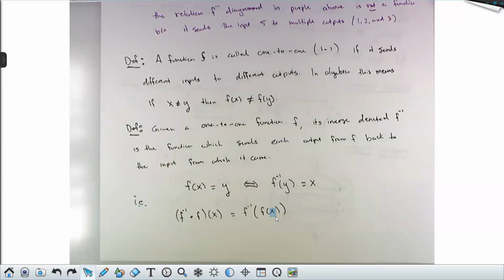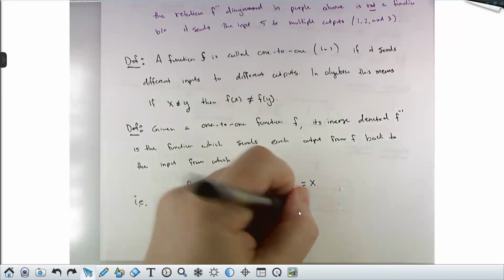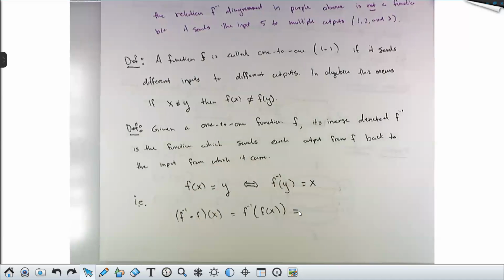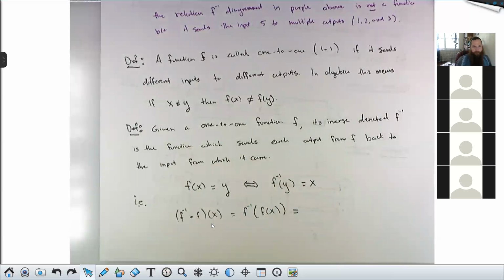So x is an input, f of x, that's this output y, and then I'm going to take f inverse of that. What should that be? f inverse of y. I start with x, I multiply by 7, and then I divide by 7. What should I get out? Just x? Don't be shy.